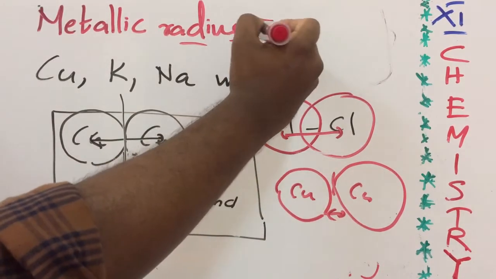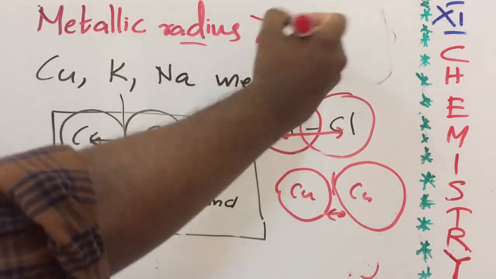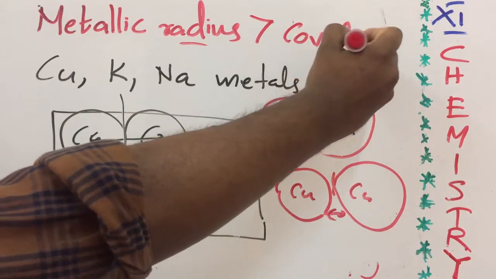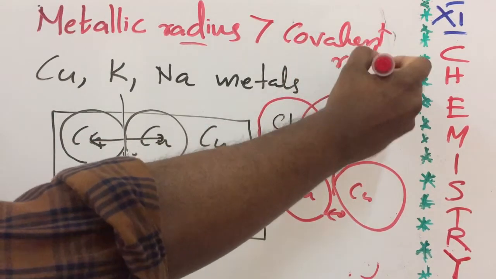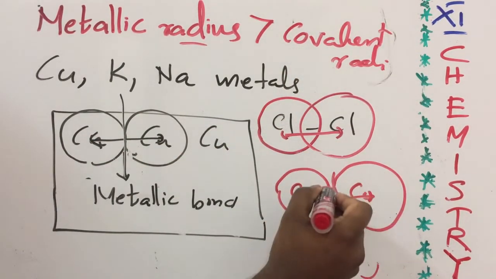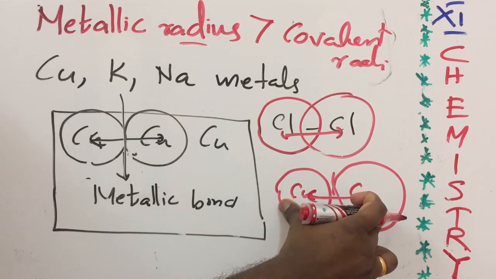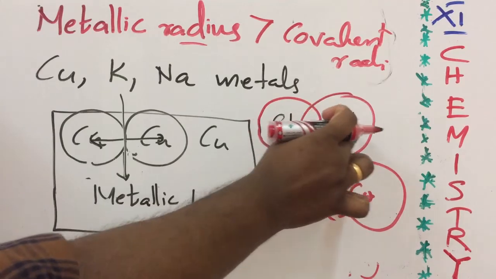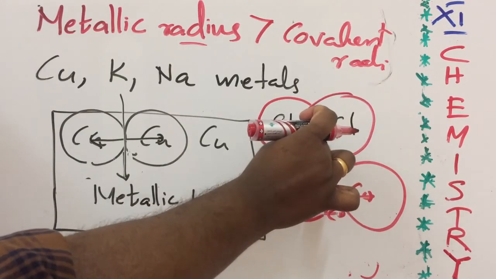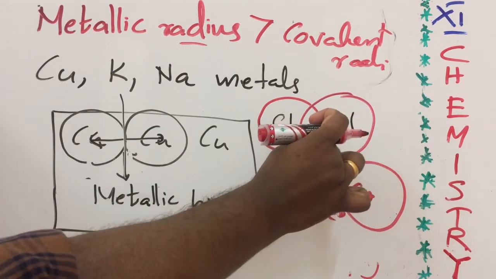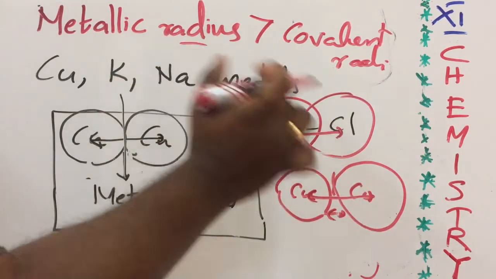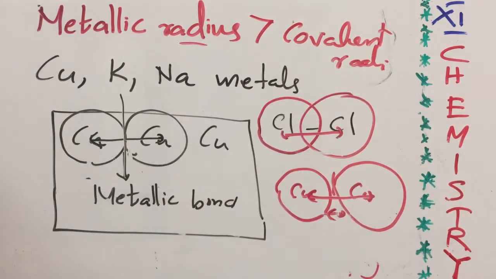Metallic radius. So metallic radius is generally found to be greater than covalent radius. See the distance: here there is no sharing, so two complete spheres are touching each other, but there is a merging of spheres, so the distance will reduce. So metallic radius is found to be more than covalent radius.